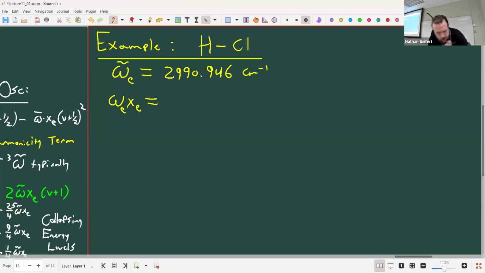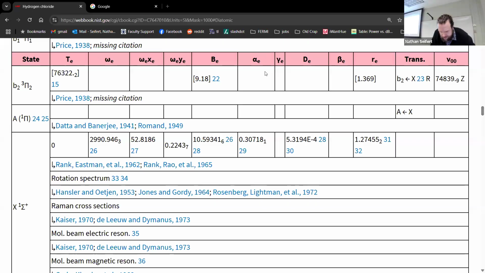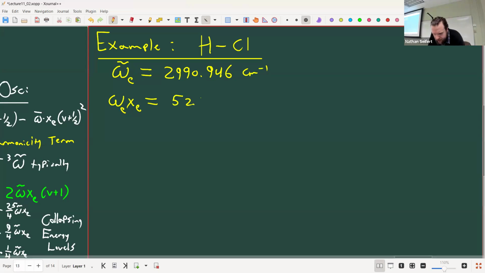These are in wave numbers, of course. And omega E XE is 52, I'm just going to round it. Oh, no, 8186.